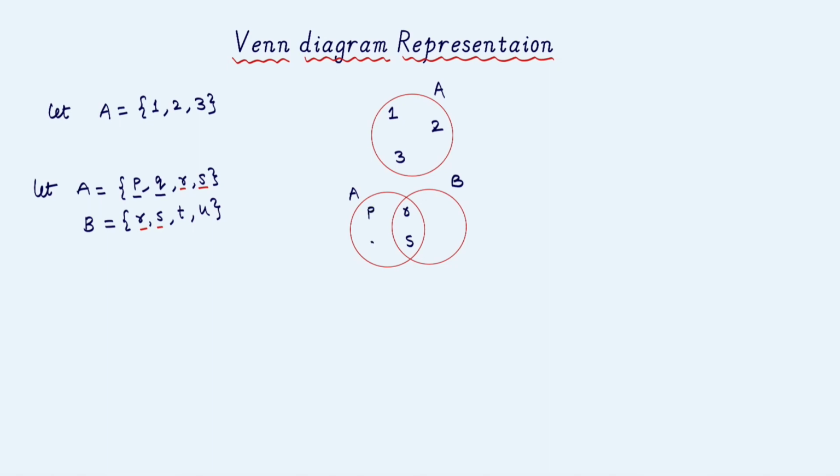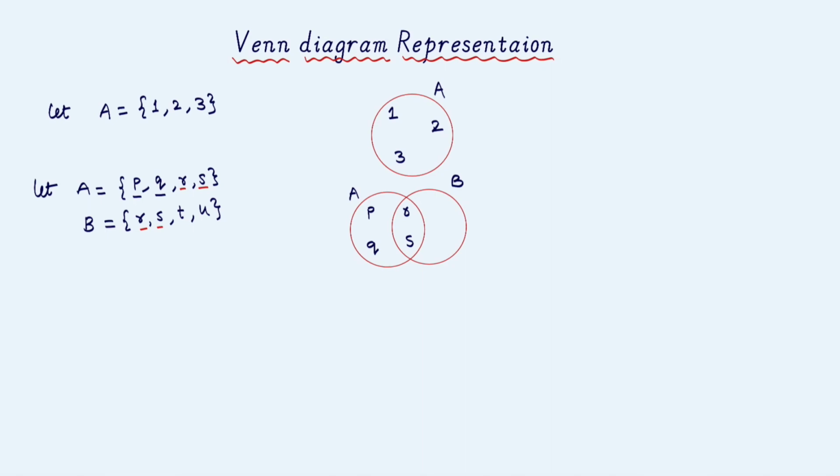Now in set A we have P, Q, R, S, in which R, S are common in B also. Similarly we have to write the elements of B. In B also we already wrote R and S. Now what is left over?